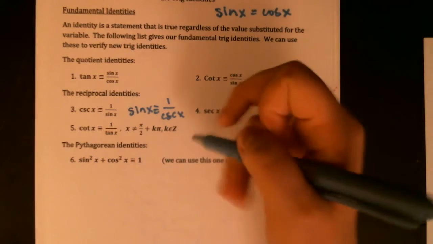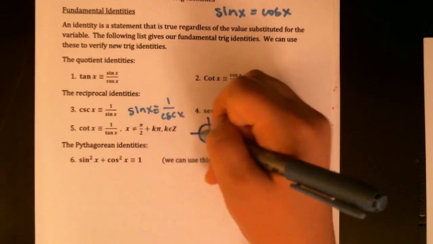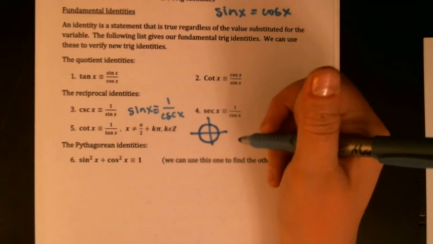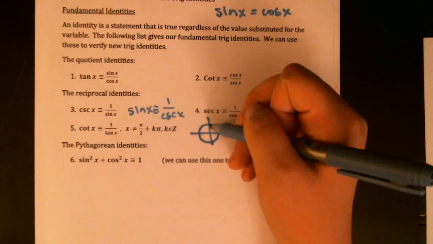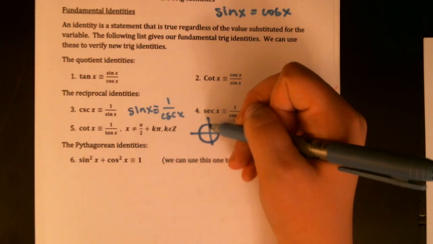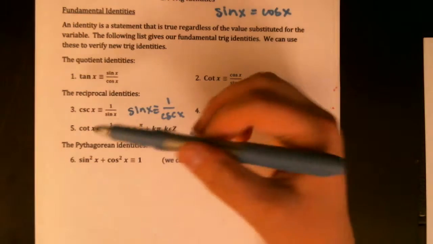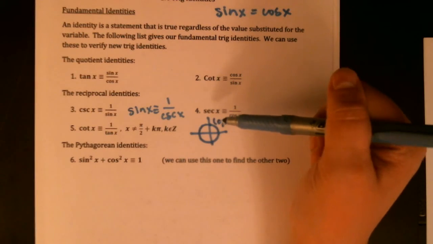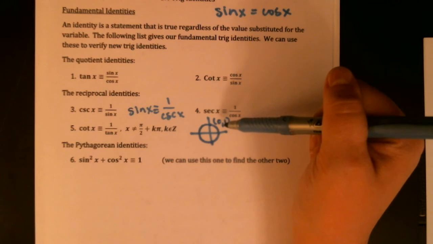This one can get into a little bit of funny trouble when you're at the odd multiples of pi over 2. For example, at pi over 2, my coordinates are 0, 1, which means cotangent by definition should equal 0 divided by 1, which is 0.